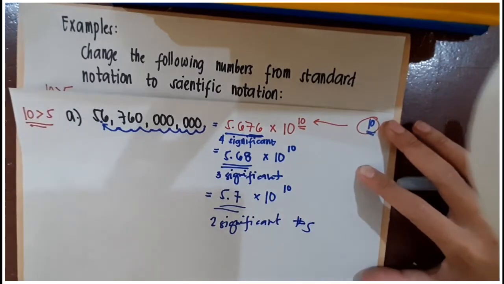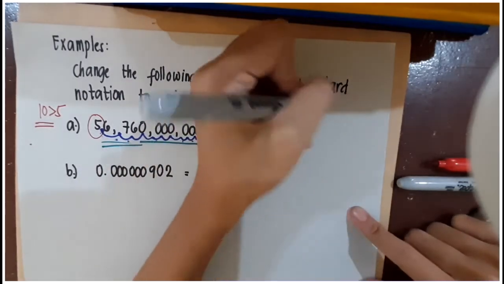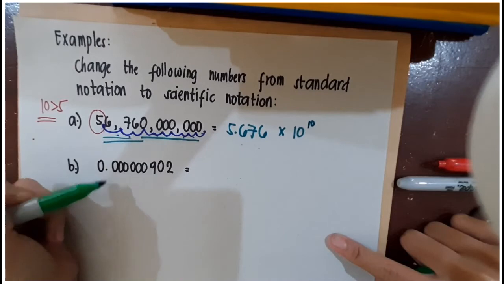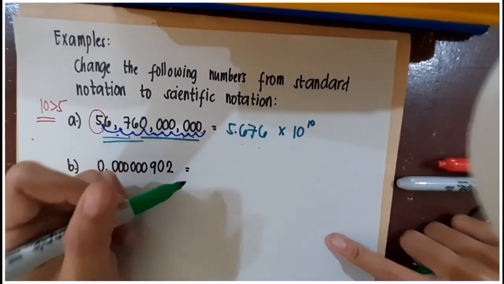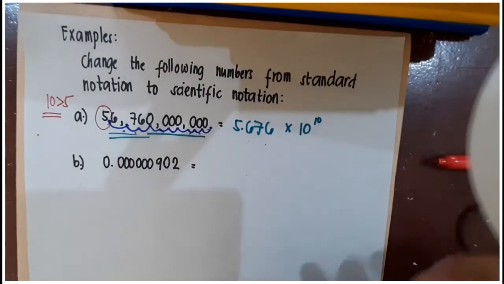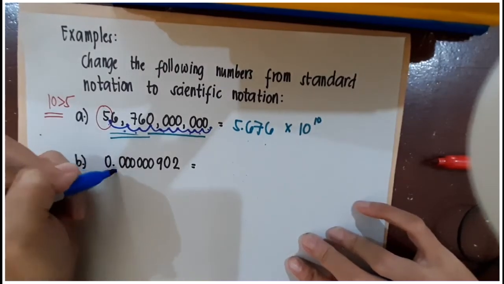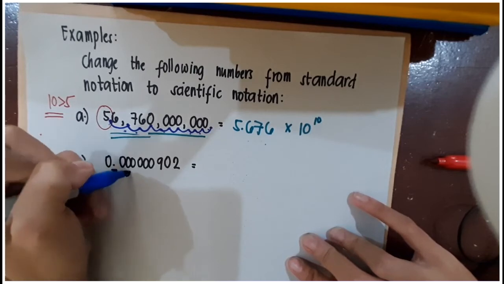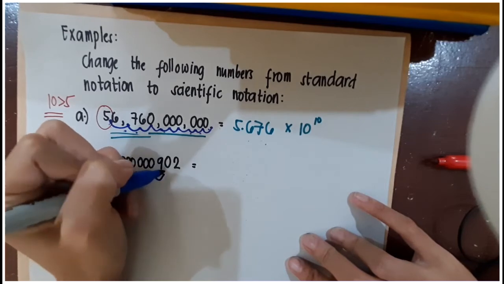For the next example, this number 0. You have here 6 zeros and then 902. So you write it in scientific notation. Your decimal point is already placed here. So you move it going to the right: 1, 2, 3, 4, 5, 6, 7.